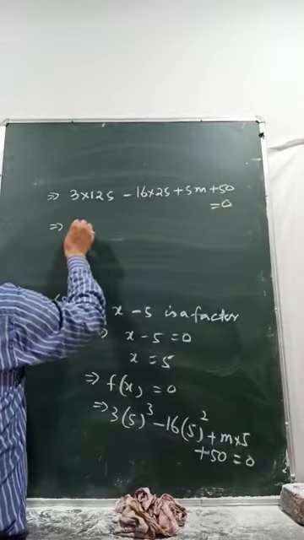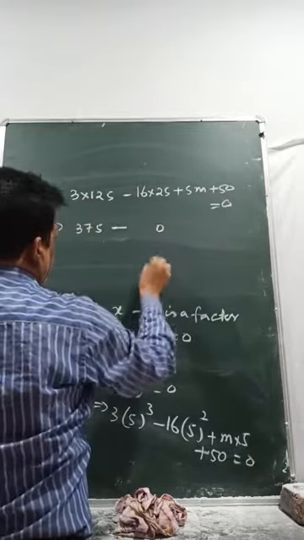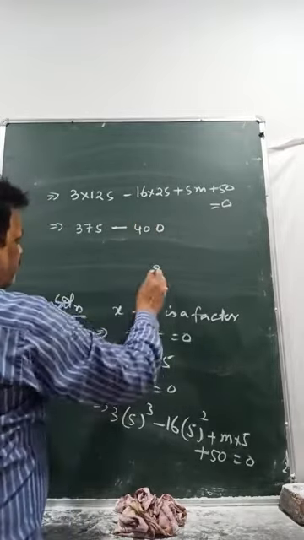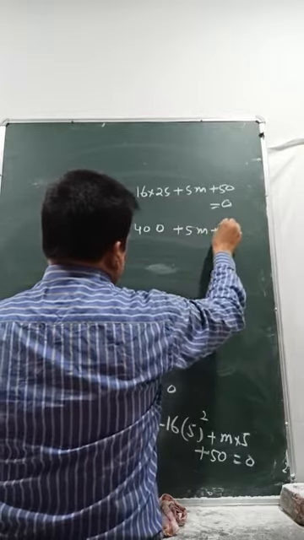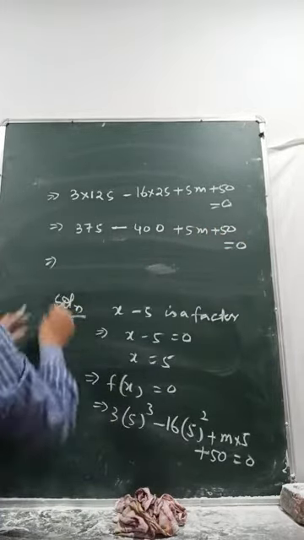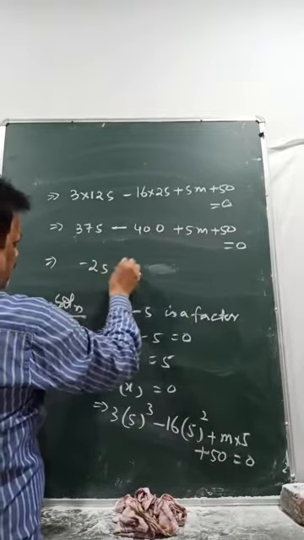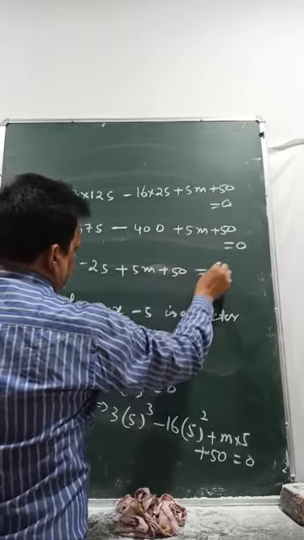This is 375, this is 400, plus 5m plus 50 equals 0. This is minus 25 plus 5m plus 50 equals 0.